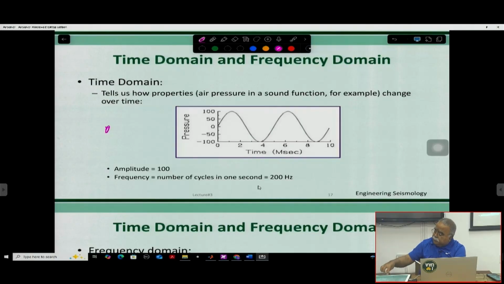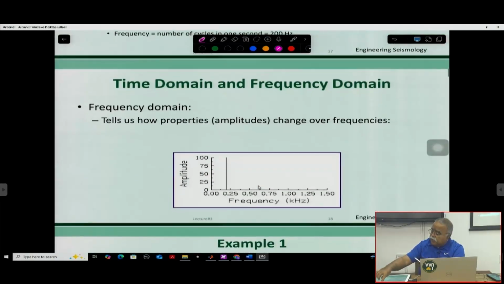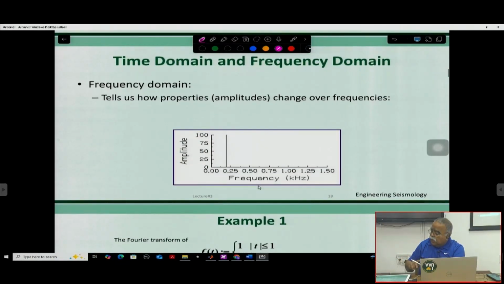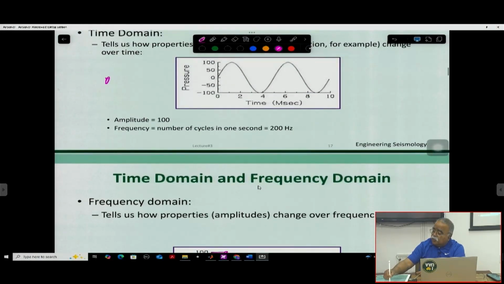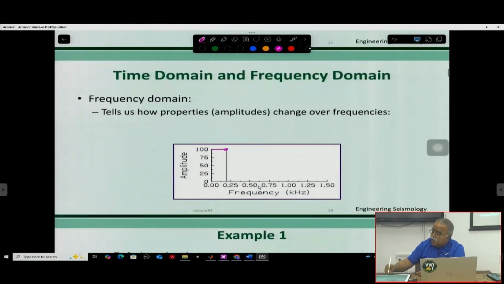So if you use that, then in the frequency domain you will see the amplitude of the wave is 100, and you will get a point.